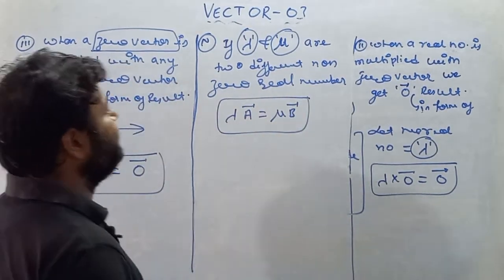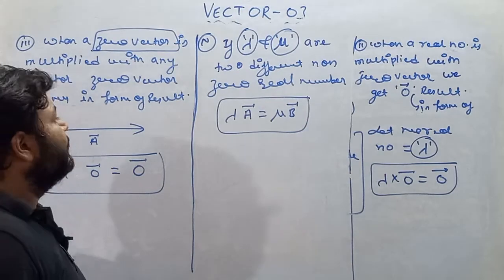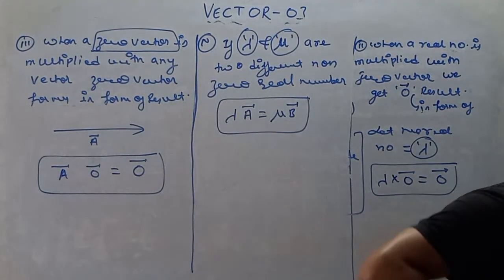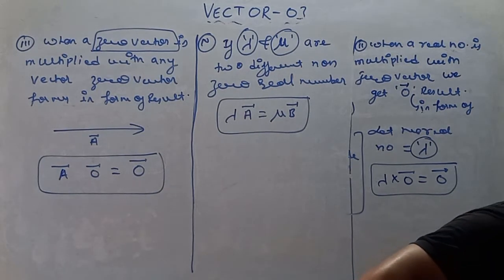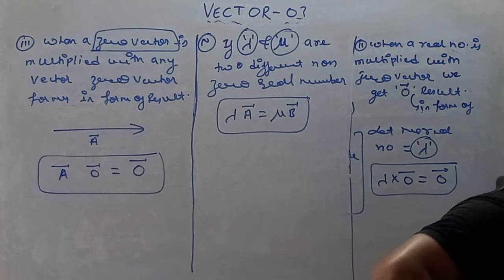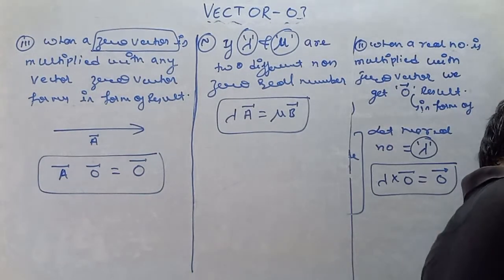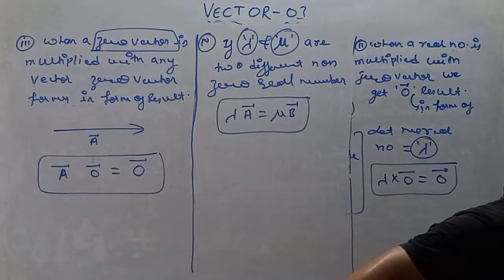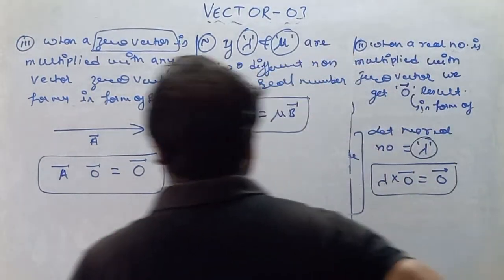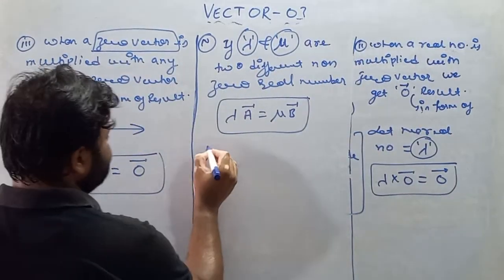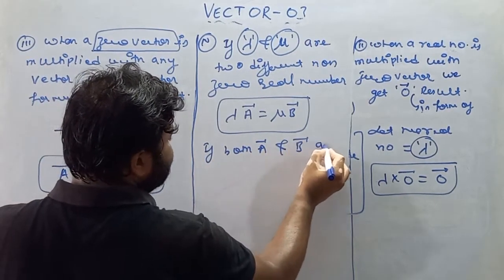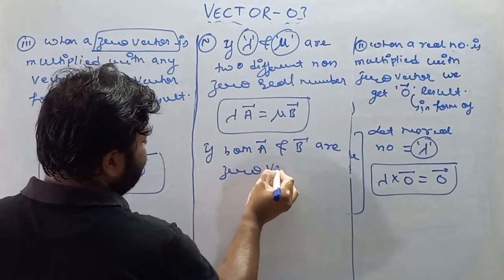Write down, if lambda and mu are two different non-zero real numbers, then we'll write lambda a vector is equal to mu b vector. This can hold only if both a vector and b vector are 0 vector.